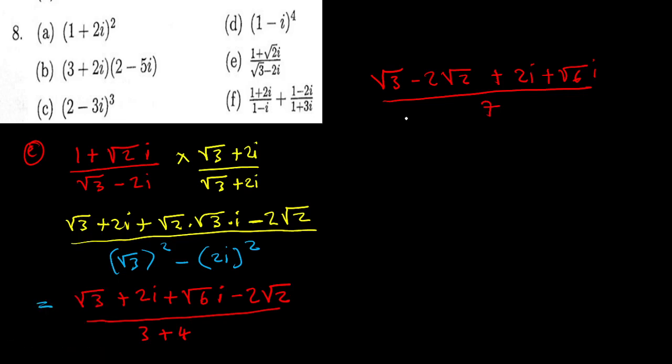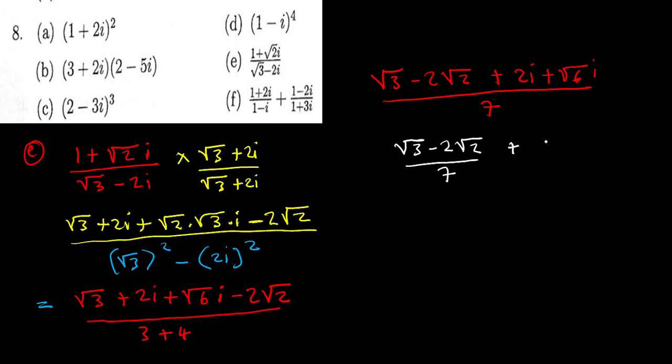Once you do that, you can easily move on. You separate these two guys. So this can simply be square root 3 minus 2 square root 2 over 7, and then you can have this side to be a plus.